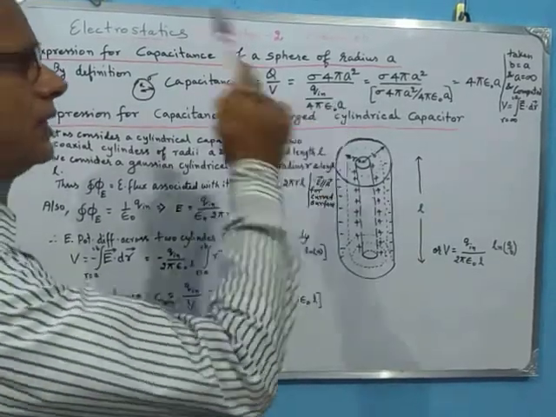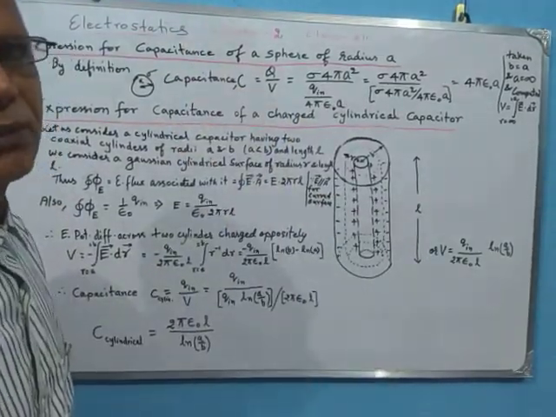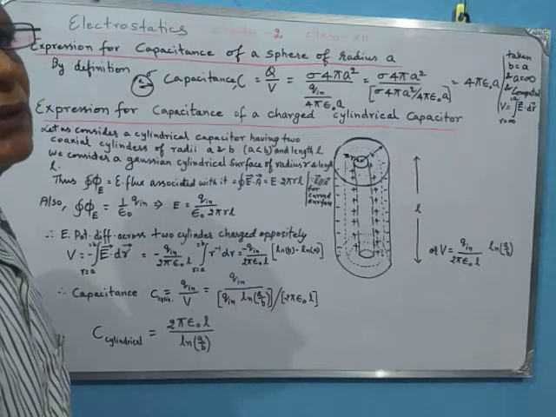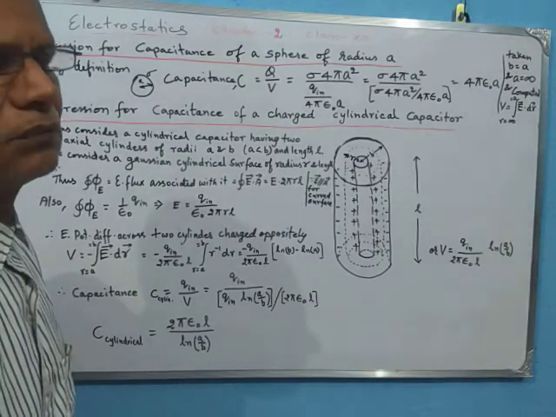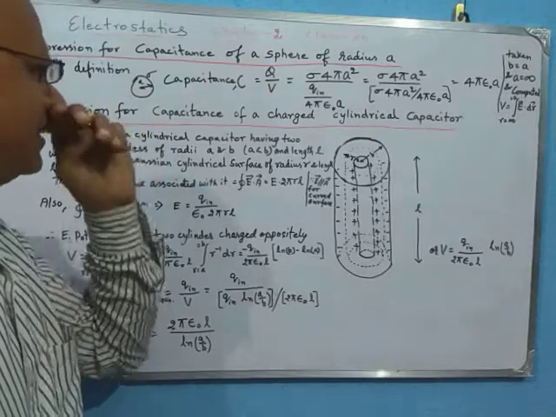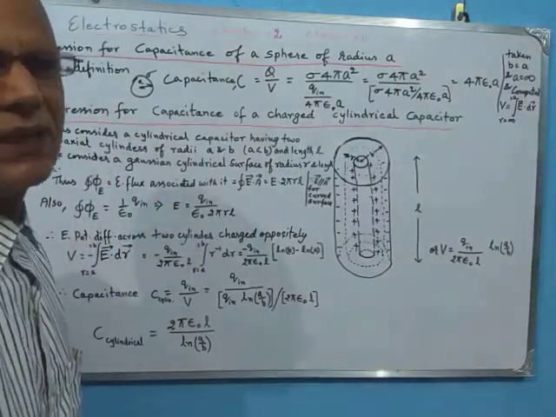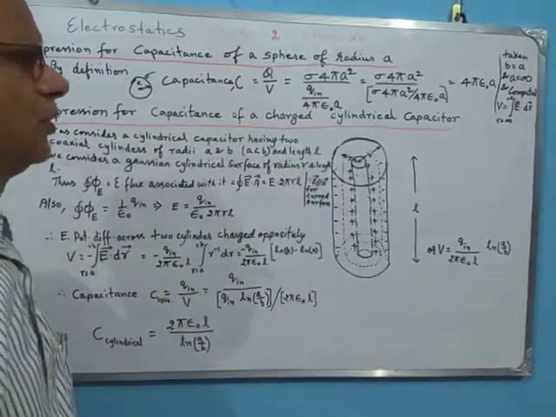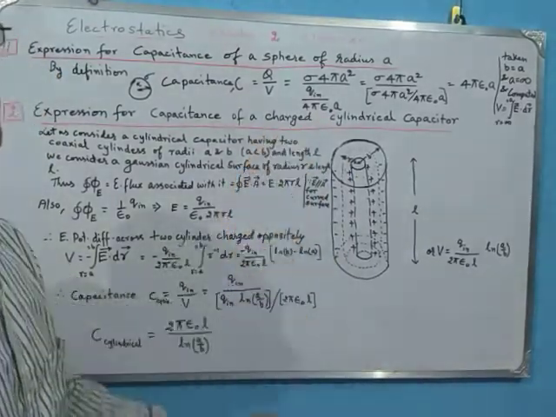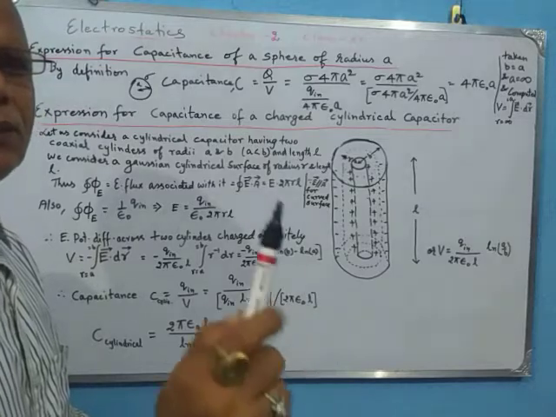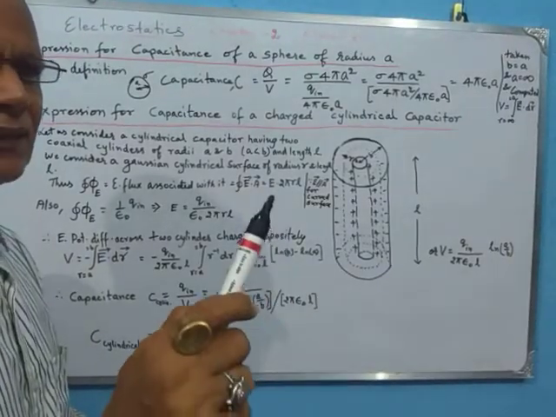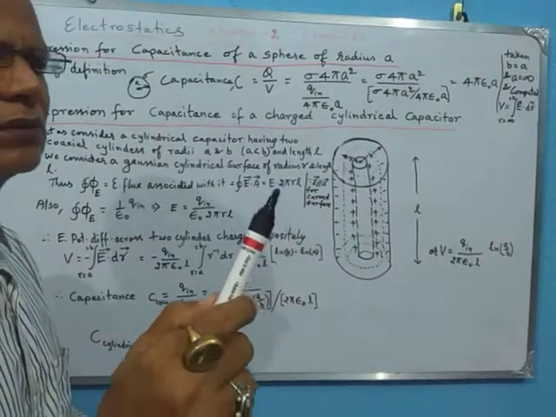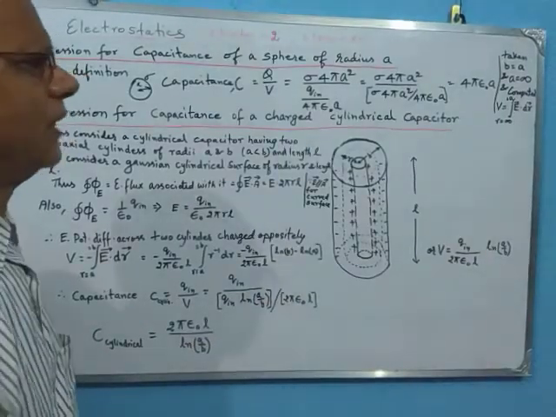In that expression you will see b is vanishing, because here we are taking a; rather, we can also take b as the radius of the sphere, but since we have taken a, in that expression you can replace b by a and take a equal to infinity.